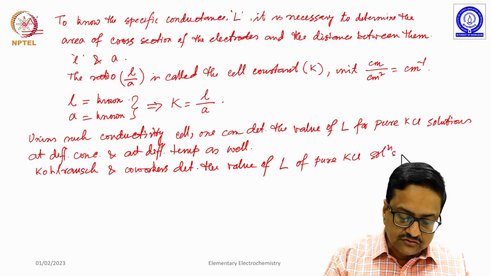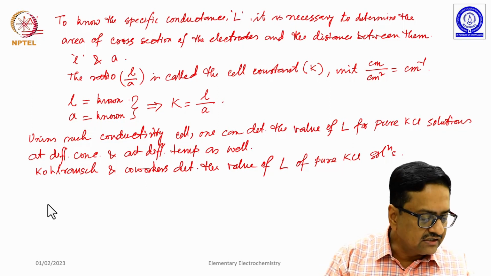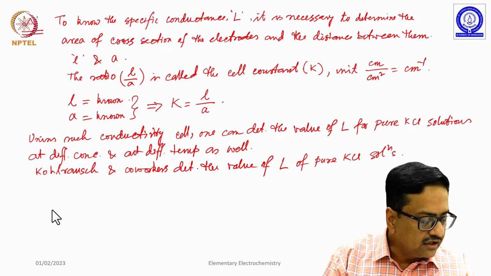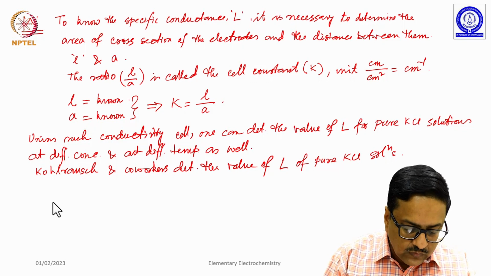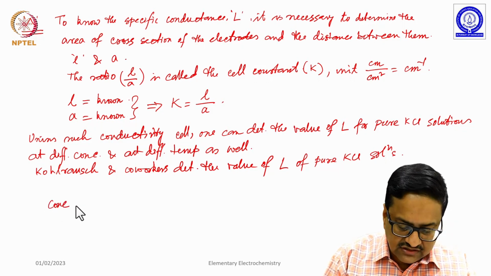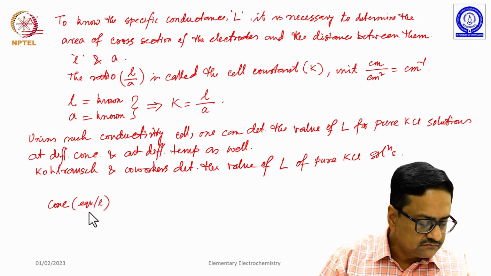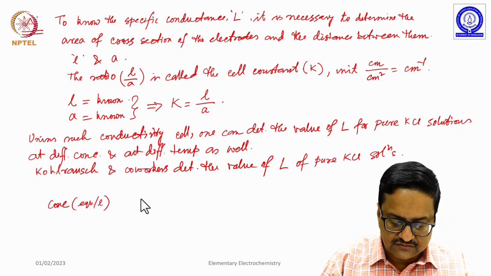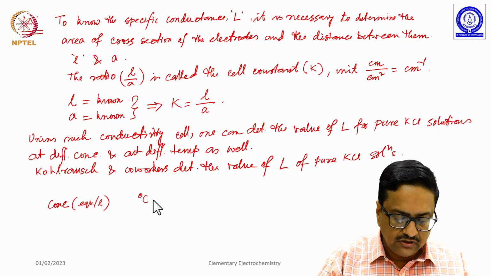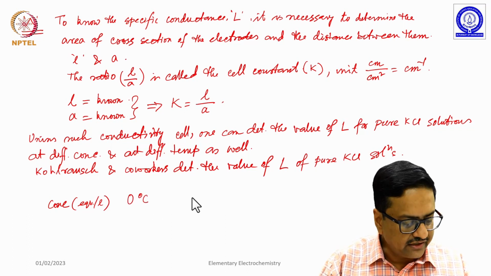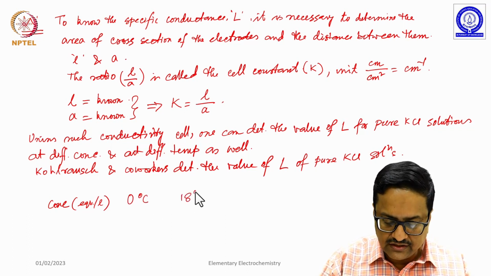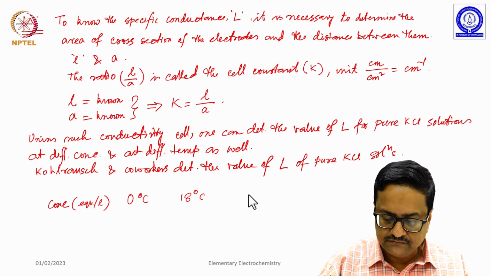And here are those values with different concentration and at different temperature. Concentration is in equivalents per liter, and temperature is in degree centigrade, that is 0, 18 and 25 degree centigrade.